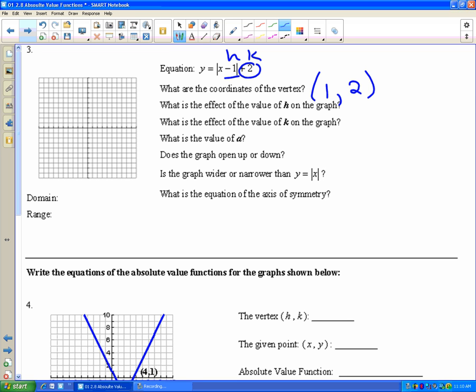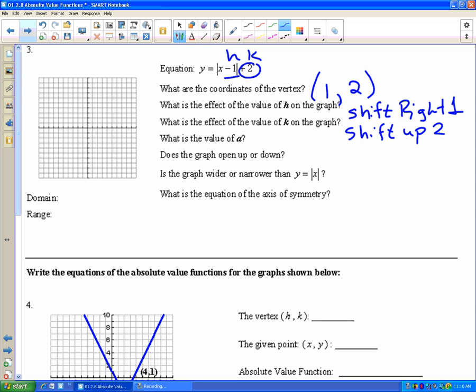What's the effect of the h? Since it's positive, it's going to shift right 1. What's the value of k? K is positive. That's going to shift up 2. Remember, h is with the x, so it goes left and right. K is on the outside like the y, so it goes up and down.